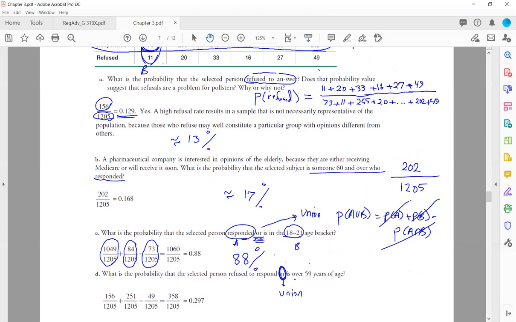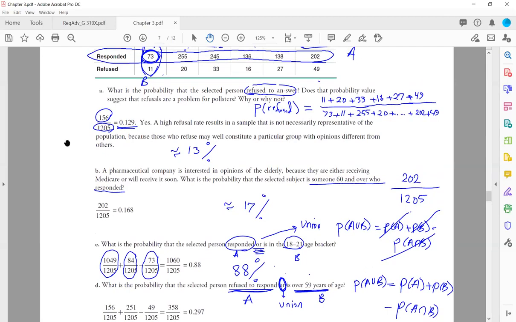The first event, refused to respond, A, over 59, B. So P of A union B is P of A plus probability of B minus the intersection. Again, we have to look at the table and calculate each of these.